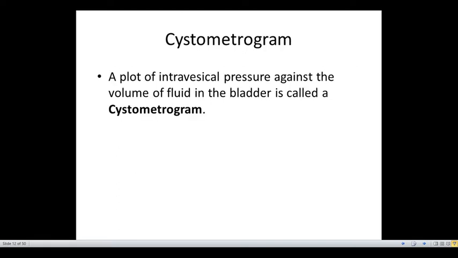A plot of intravesical pressure against the volume of fluid in the bladder is called a cystometrogram.